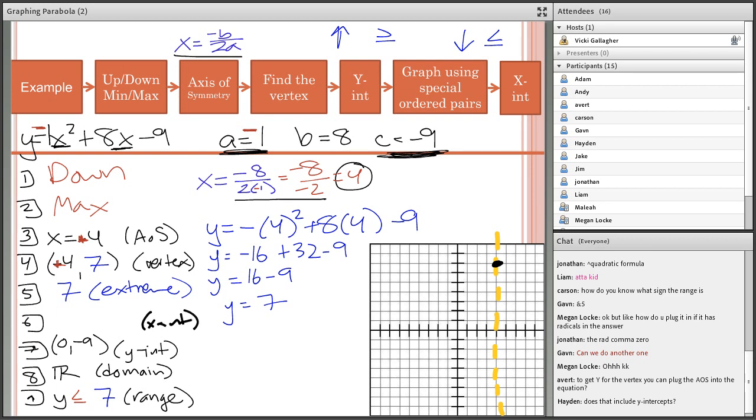Y-intercept on standard form is just the letter C. Or you can look at the graph when you're done graphing. And your y-intercept is always an ordered pair, 0, a number.